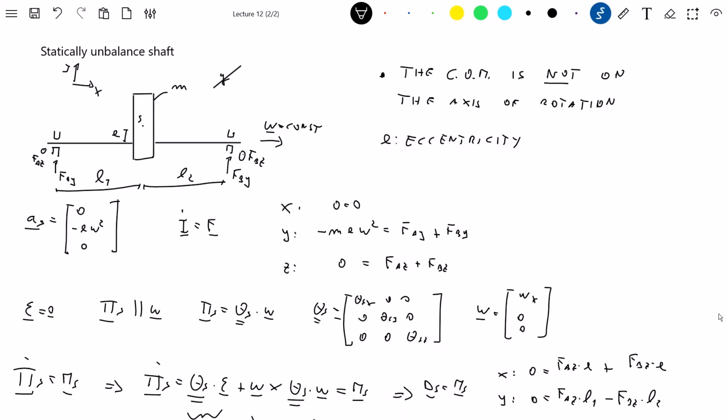Because this eccentricity is unavoidable, we cannot do anything, it will be there, we should make it as small as possible.